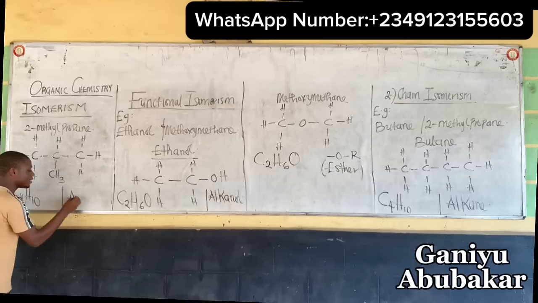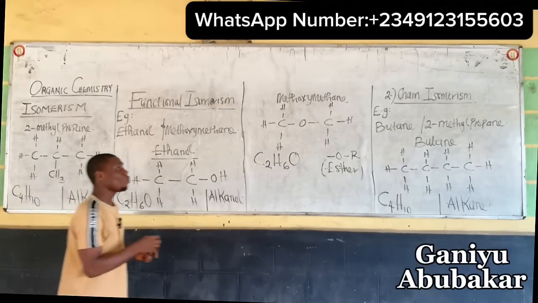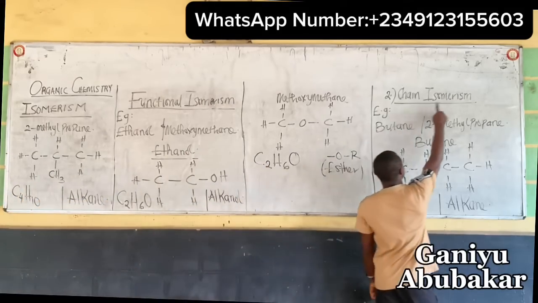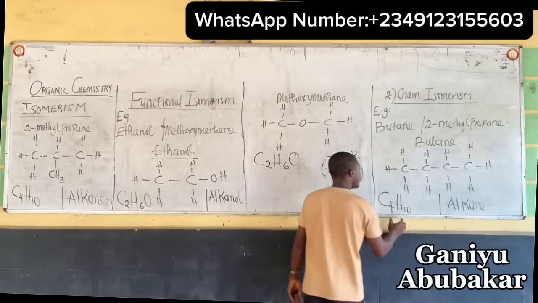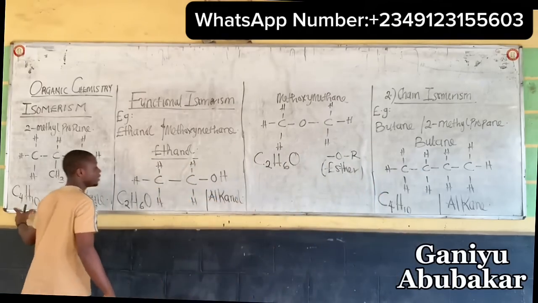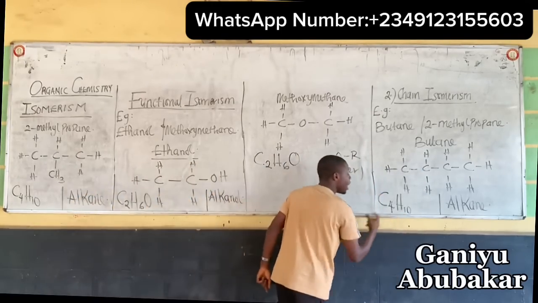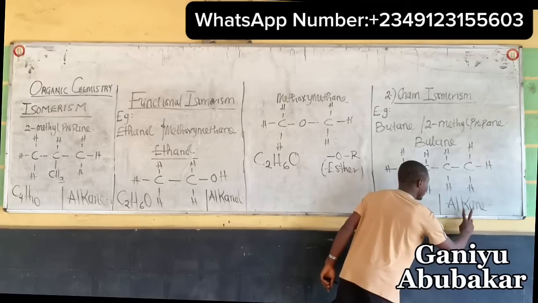That signifies an alkane. So I'm saying that when it comes to chain isomerism, the two compounds given will have the same molecular formula C4H10, and also they will possess the same functional group, alkane.